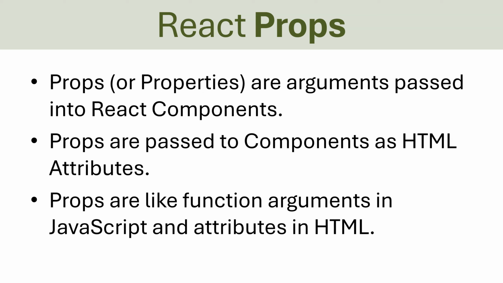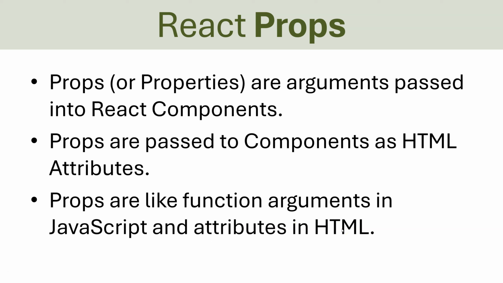So let's see how we can create so-called props. Props, short for properties, are basically arguments passed into React components. And props are passed to the component as HTML attributes. Props are like function arguments in JavaScript and attributes in HTML.